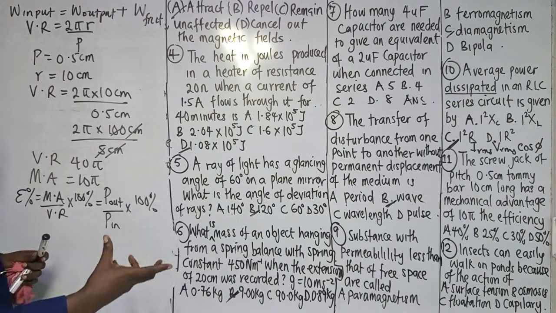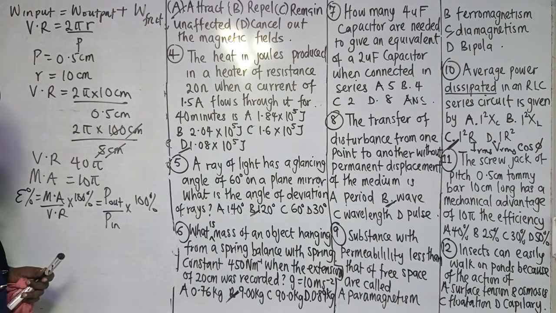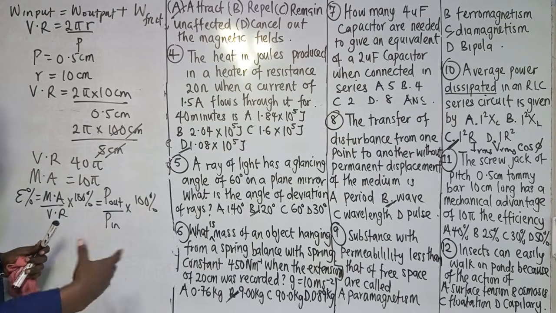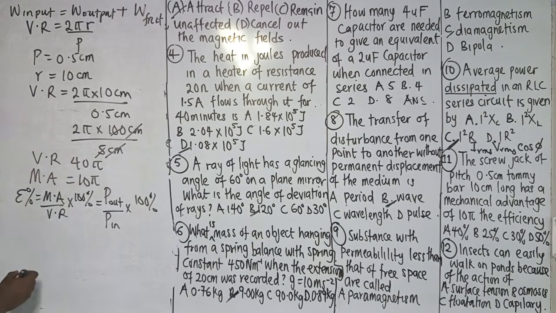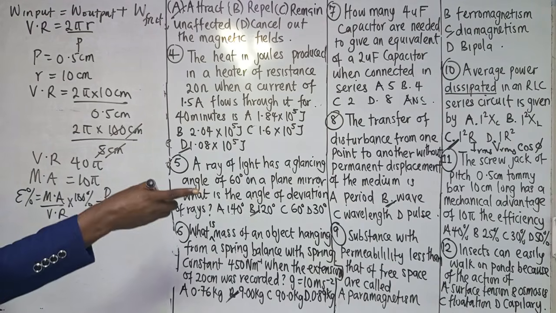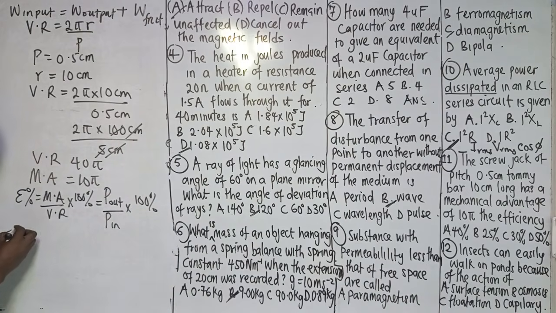If the friction is negligible, it becomes an ideal machine, and in that case the efficiency will be 100%. Then power output will be equal to power input, so the mechanical advantage will also be equal to the velocity ratio. Let's solve now.